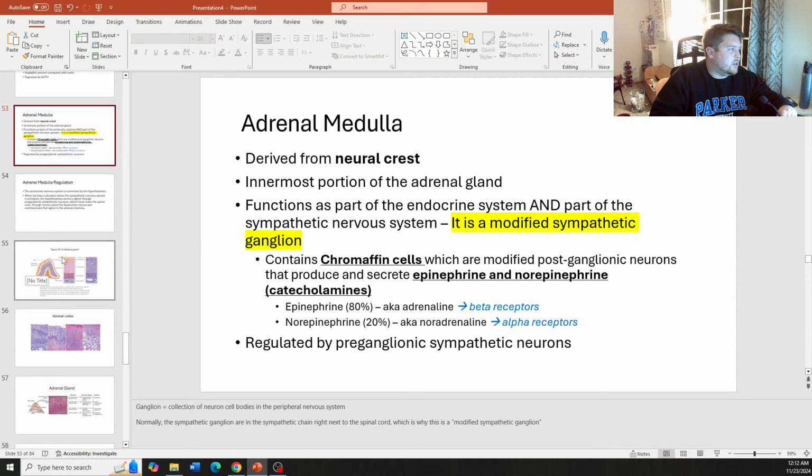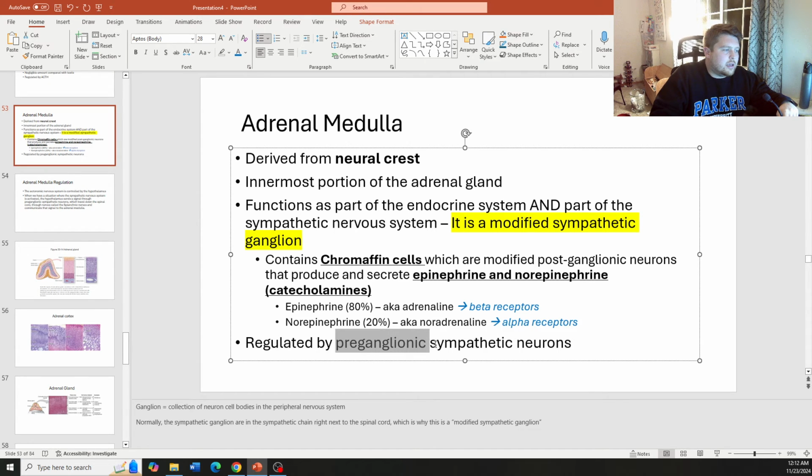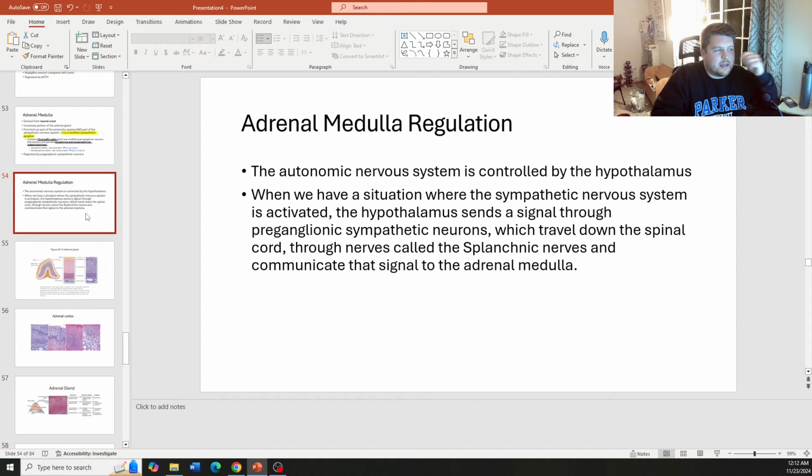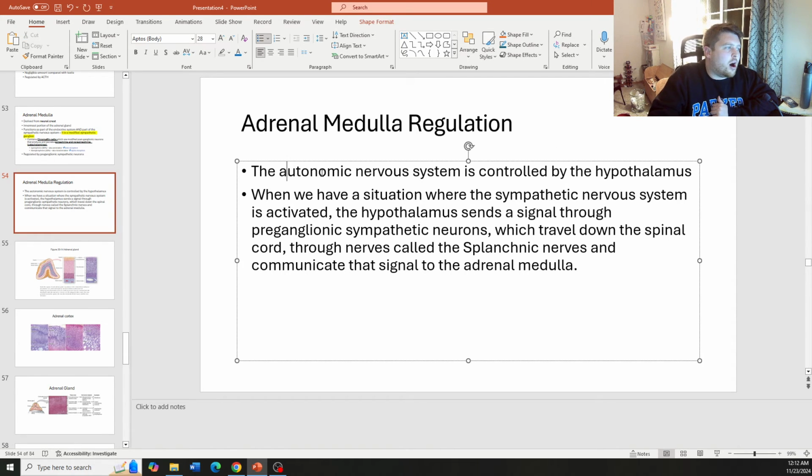The adrenal medulla is regulated by preganglionic sympathetic neurons. I'm going to explain what I mean by that. As I mentioned way earlier when we talked about the hypothalamus, the autonomic nervous system is controlled by the hypothalamus.